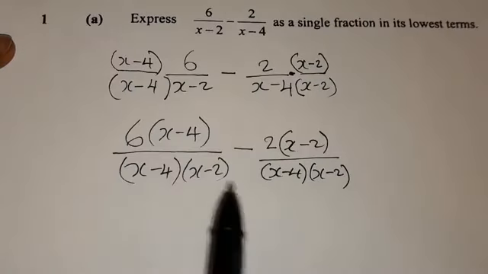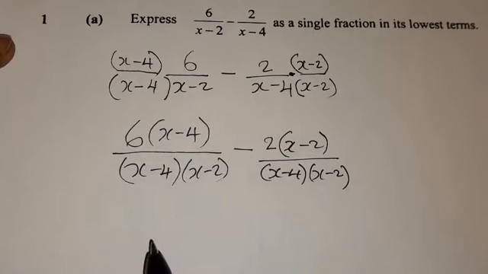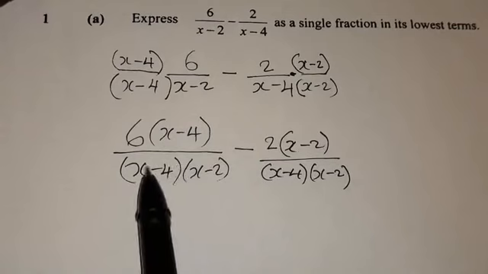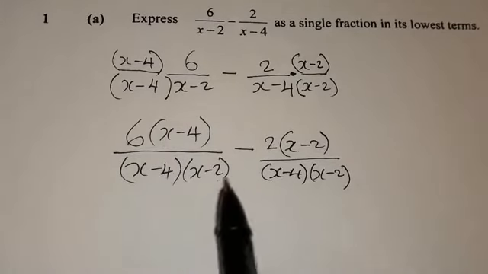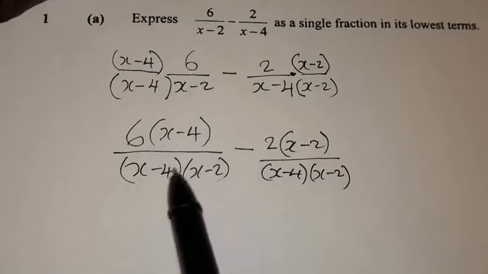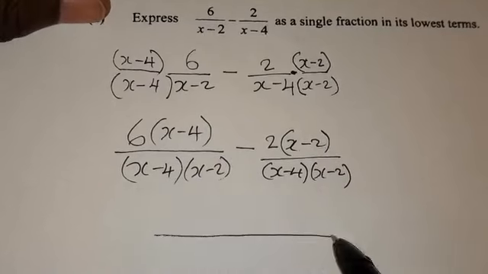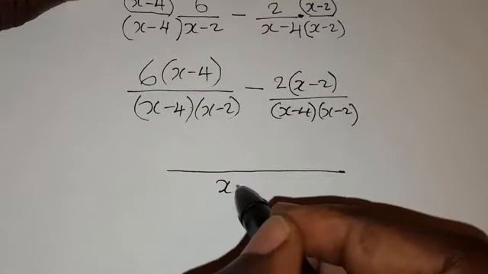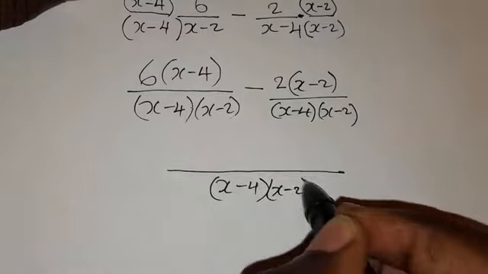You can see that we have the same denominator on both fractions. Because of that, these fractions can now be subtracted directly. Since they are the same, we're going to pick one of them, x minus 4, x minus 2.